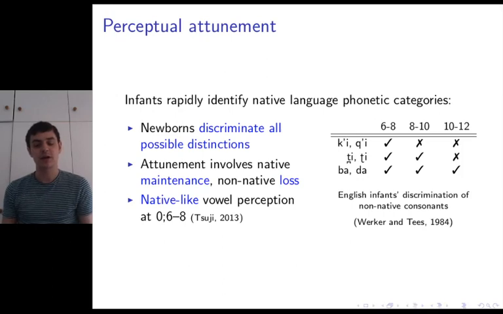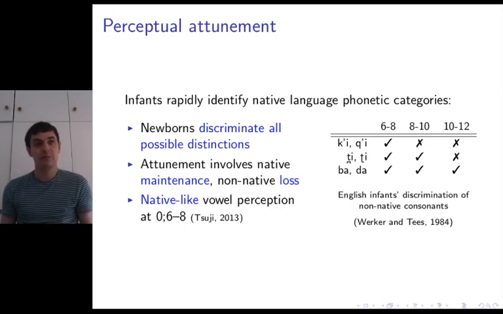So Janet Werker and Richard Tees in the 80s demonstrated that 6-month-olds could discriminate a distinction between two non-native sounds, between dental and retroflex stops, and also between a native distinction between ba and da.